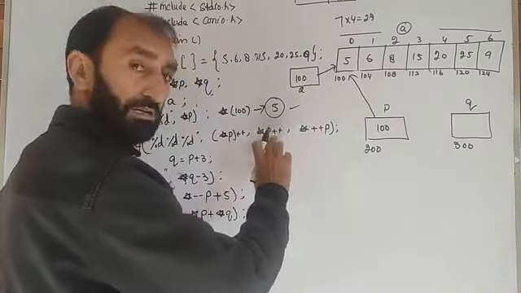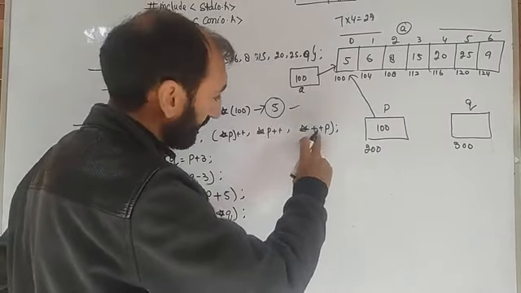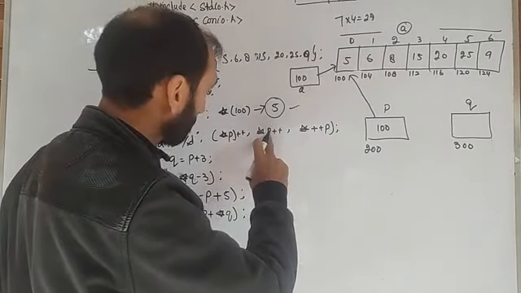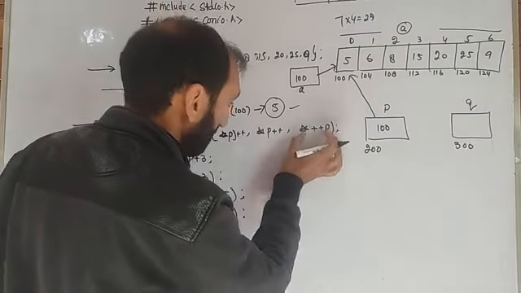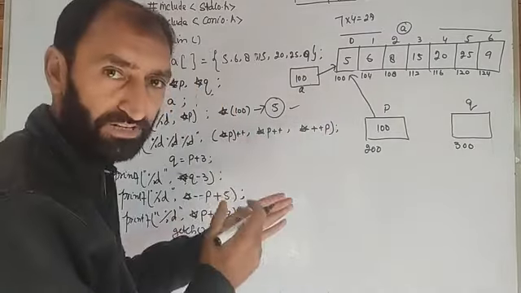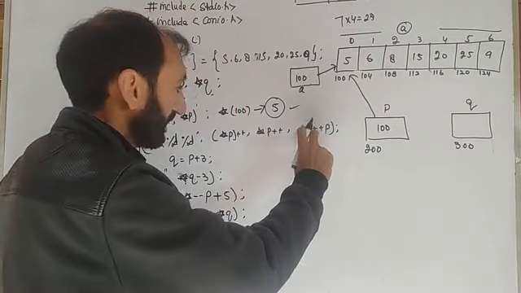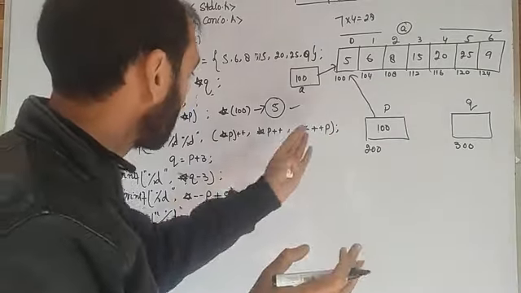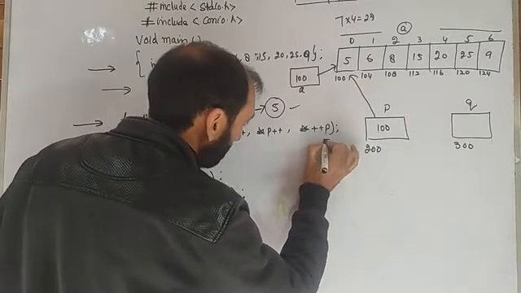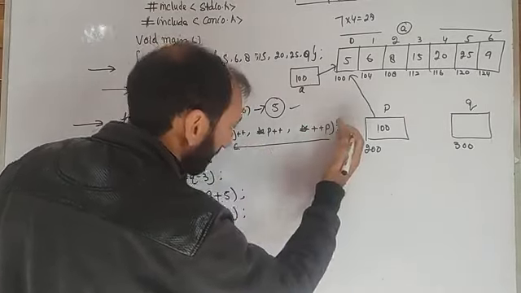Here these are the increment operators. This is the pre-increment, this is the post-increment, and this is also the post-increment. The precedence of all three is the same. Increment and decrement have the same precedence, but the associativity is from right to left.